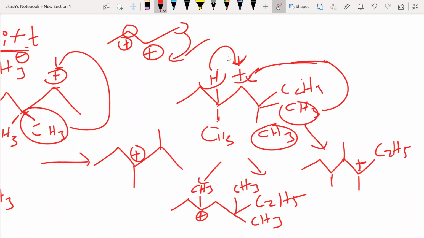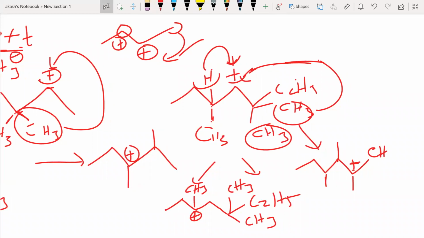And I think you have all the tools in your backpack to decide which is going to be more stable, right? You can use hyperconjugation for this. So if I use hyperconjugation, I can write this as CH2.